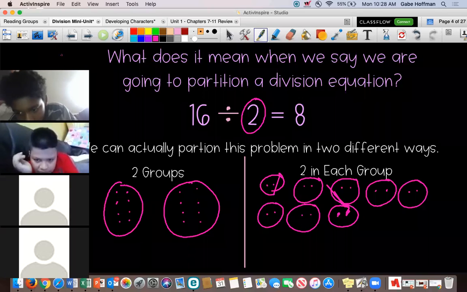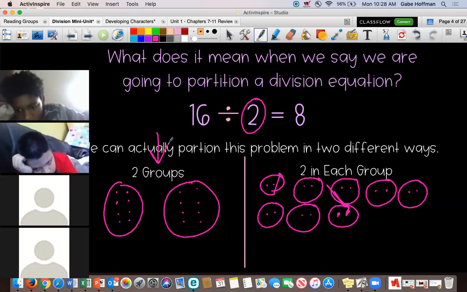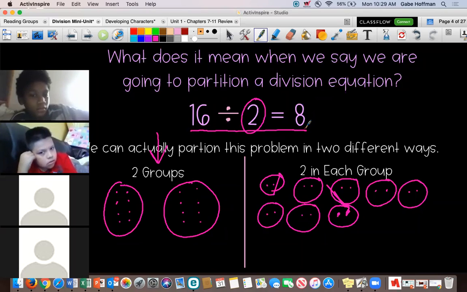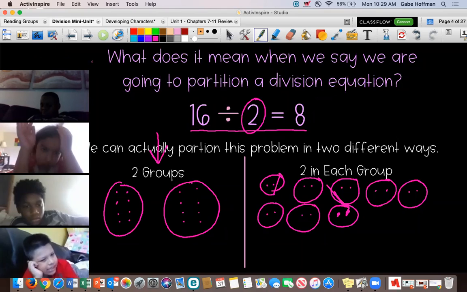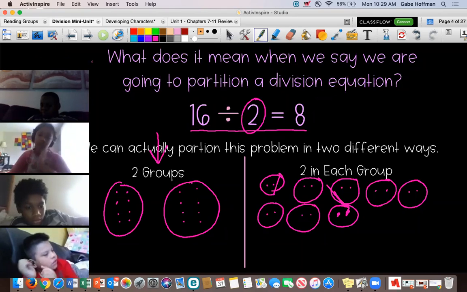So looking at the first way we did it, we separated it into 2 groups. Where are my numbers in here? So what is 16? Where do you see the 16 in that first drawing?